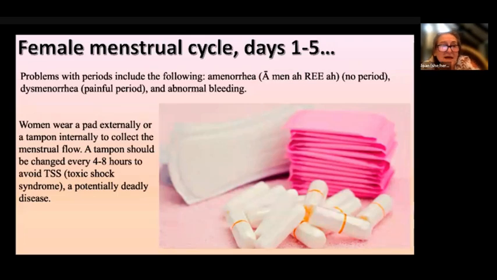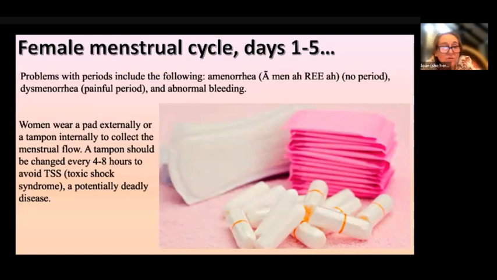What I was going to say is that menstruation can be a barrier for girls going to school. Even in the United States, where we kind of talk about everything, menstruation is still kind of a private issue. Now, we are trying to make sure that women and girls have access to pads or tampons or some type of menstrual items so that they can continue their activities of daily living without it interfering.